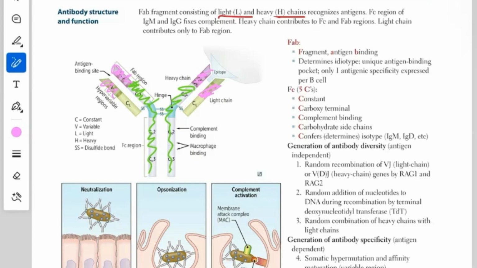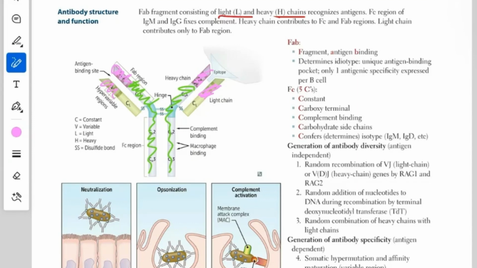Both the heavy and light chain have a constant and variable region. This structure is very important to pay attention to because you get questions that will test all these different parts of it.